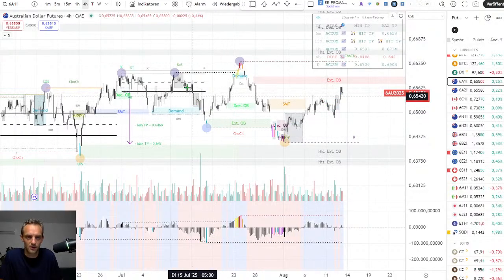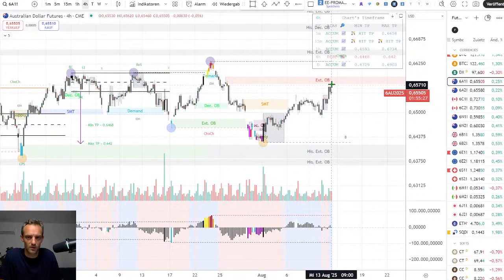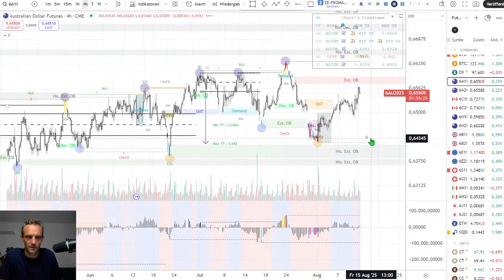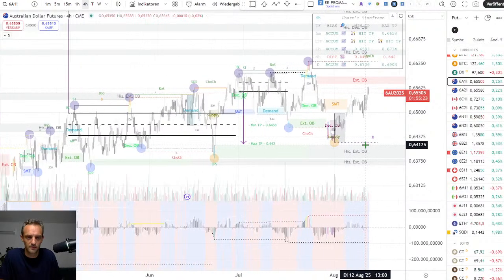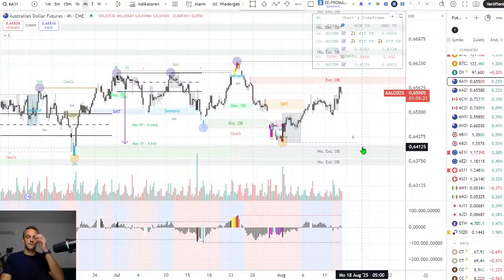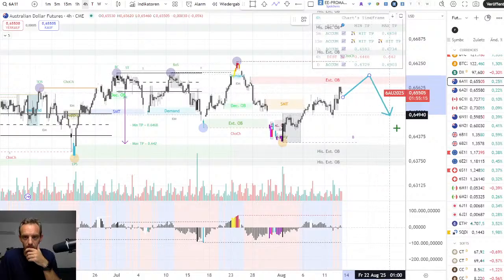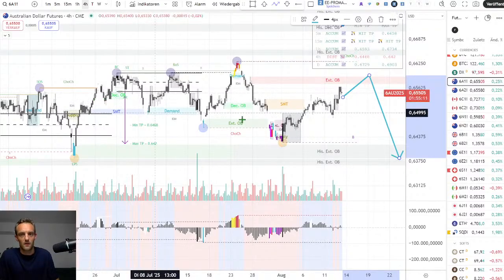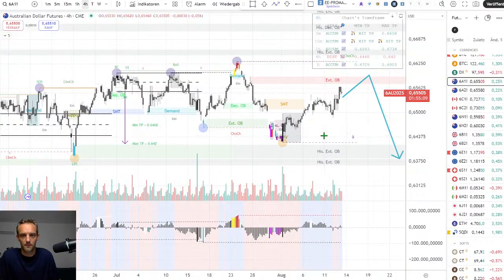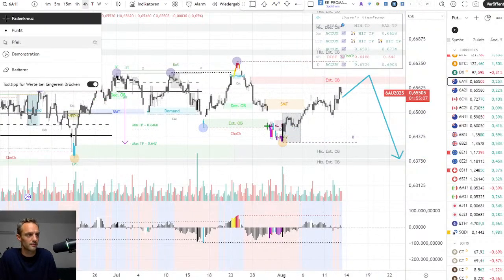So same as the euro, we will try to get in some more longs and then we reverse to the downside. Similar to the euro from my point of view.